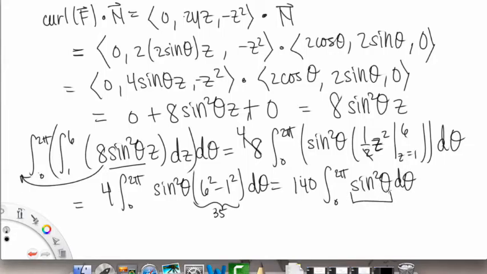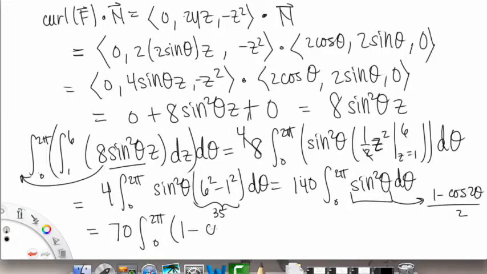Okay, so again, we're going to be using the double angle formulas here. So sine squared theta is equal to 1 minus cosine 2 theta over 2. Alright, so we're going to replace that here. If you bring out a 1/2 in front, that would make that a 70. And then this goes from 0 to 2 pi still, and we have a 1 minus cosine 2 theta and a d theta.